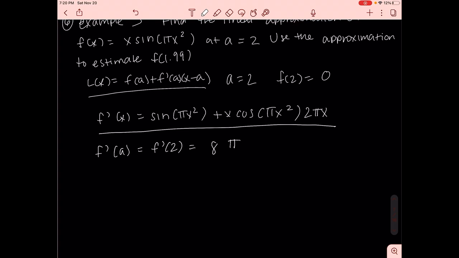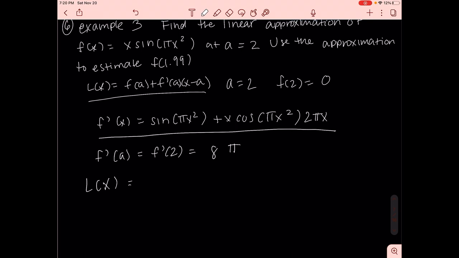Okay, so now let's plug everything into our linearization formula. L of x is equal to f of a, which is 0, plus f prime of a, 8 pi, times x minus a, which is 2.